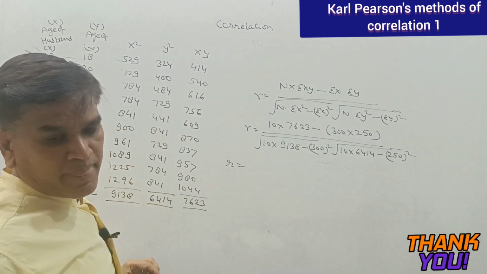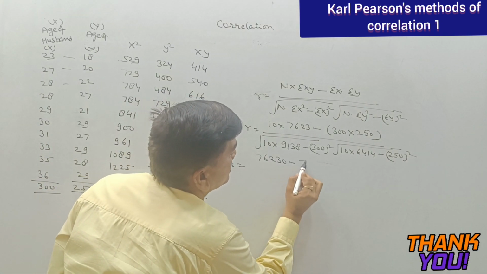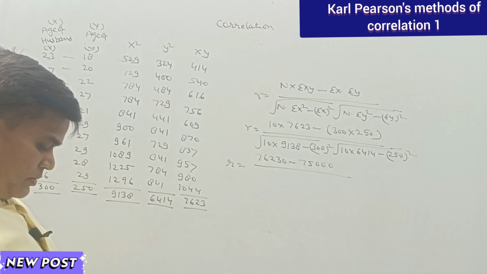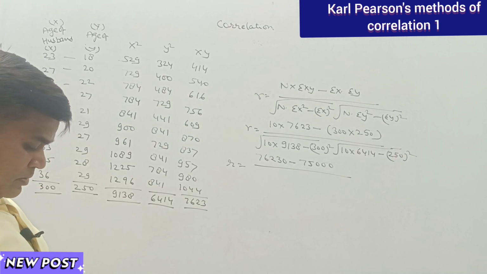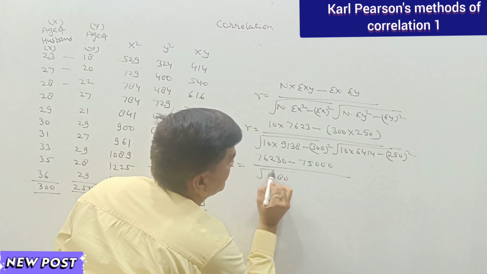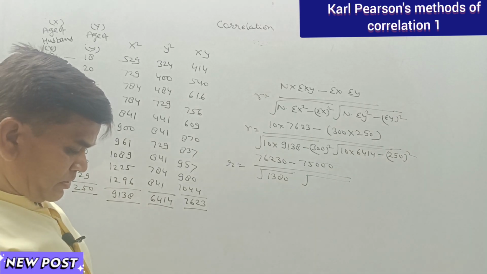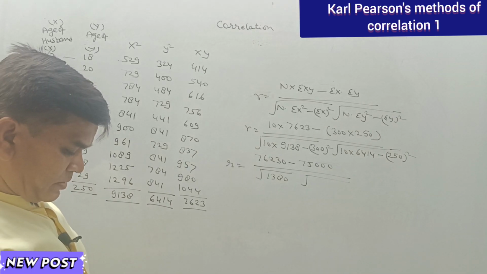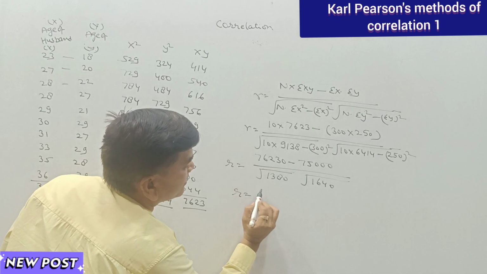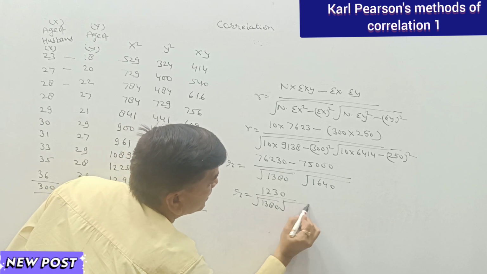So the value of r is 1230 divided by 1380 and 1640.